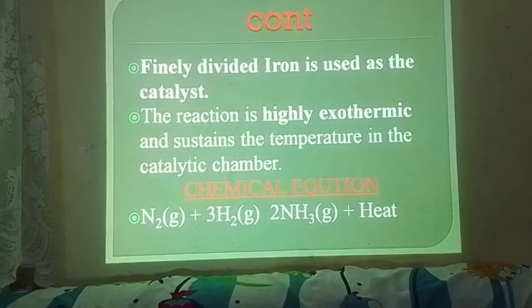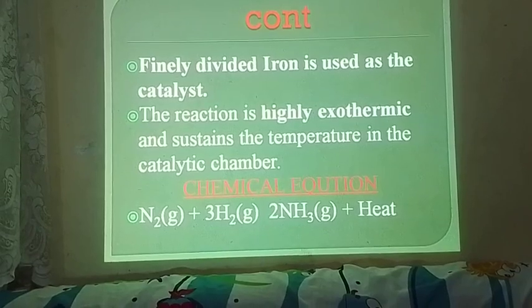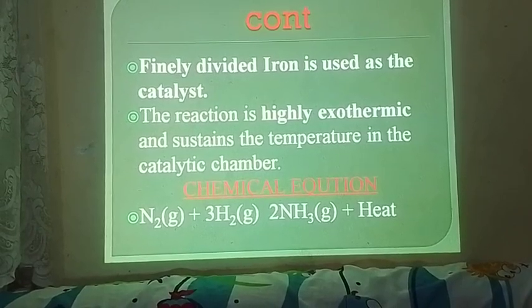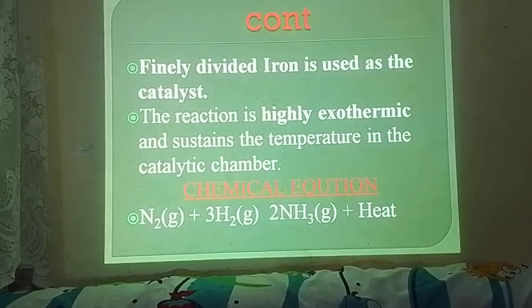In this reaction, we said earlier that it is highly exothermic, and of course it sustains the temperature in the catalytic chamber. That's why nitrogen is able to react with hydrogen.